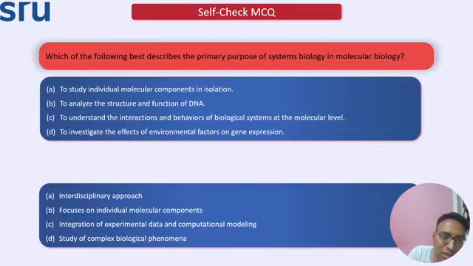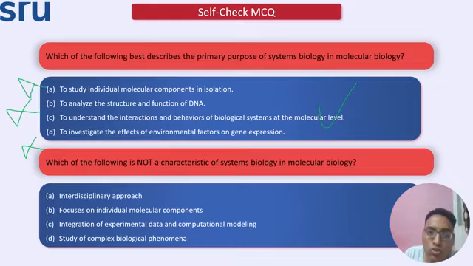So the first answer is wrong. To analyze the structure and function of DNA, this is itself wrong. To understand the interactions and behavior of biological systems at the molecular level, this seems to be the right answer. To investigate the effects of environmental factors on gene expression, this is also the wrong part.